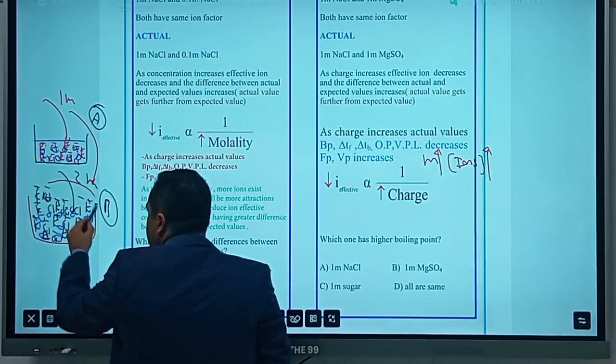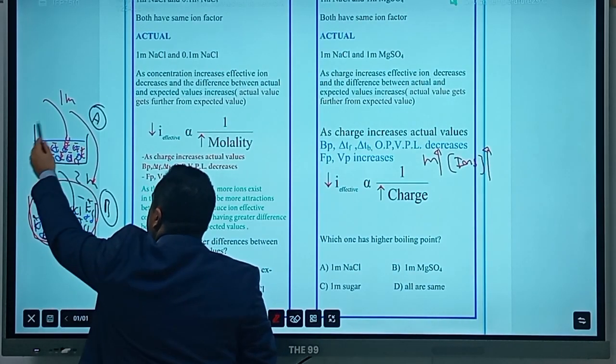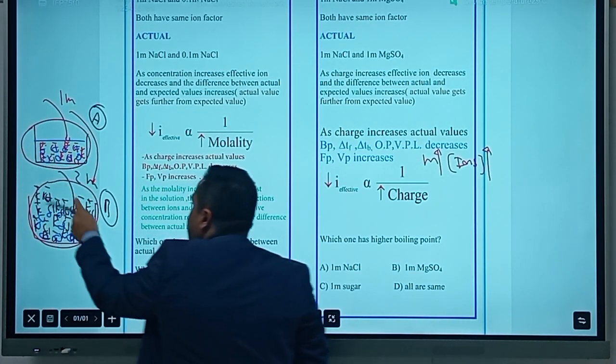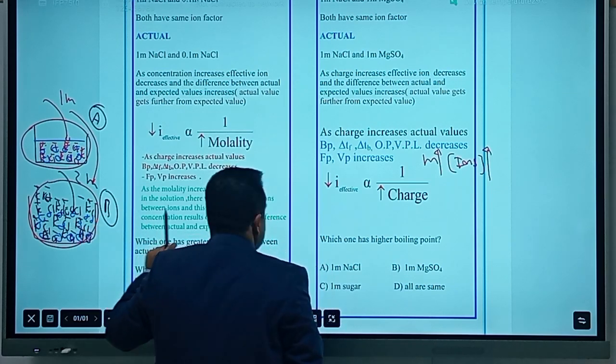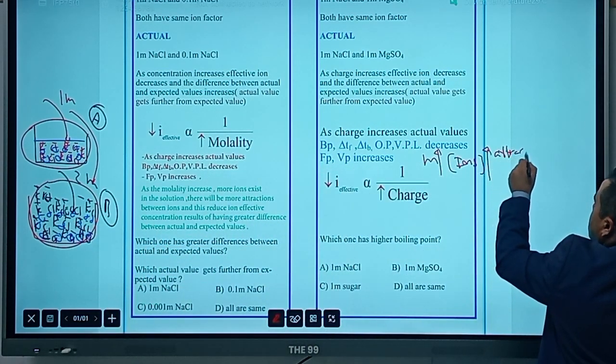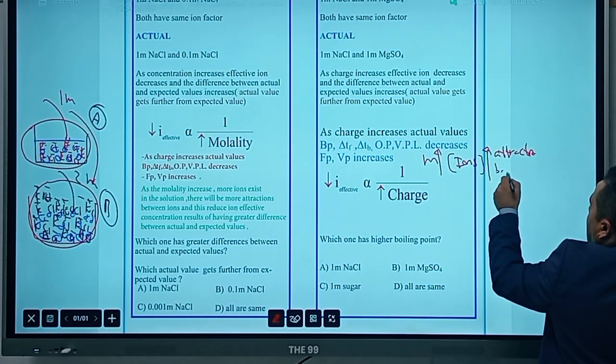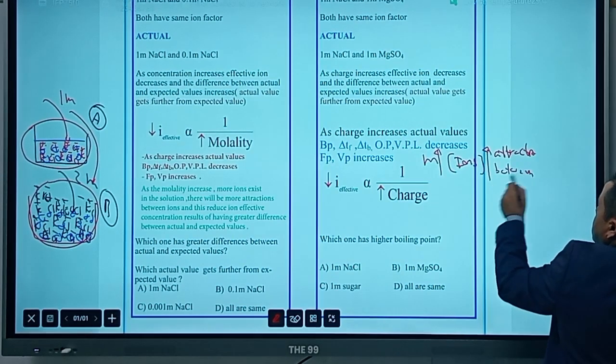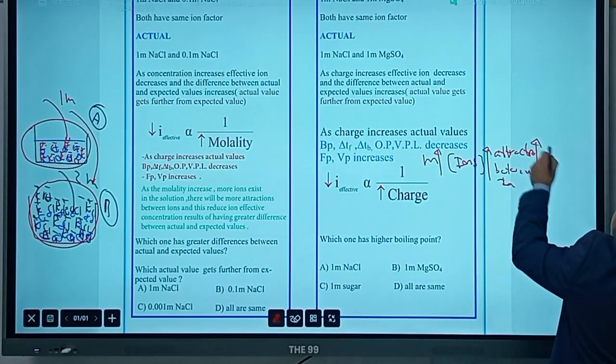In this medium, there will be more attraction than the above medium because we have many more ions existing. So what will happen to the attraction between ions? Increase.